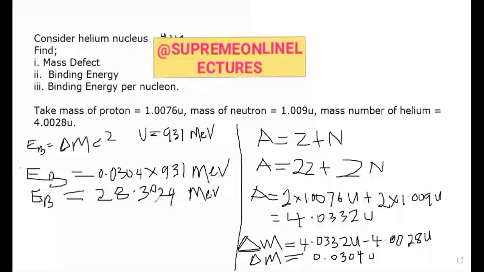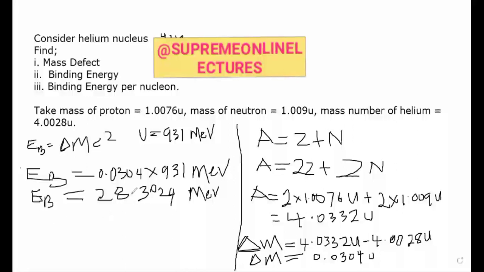Okay, the next question was binding energy per nucleon. So the binding energy that we have gotten here, which is 28, is the energy needed to overcome the attractive nuclear force between the proton and the neutron in the helium.